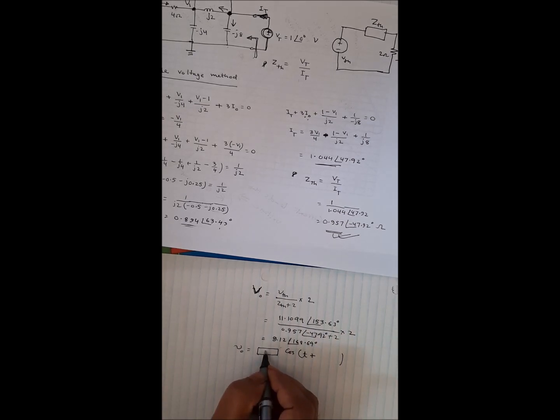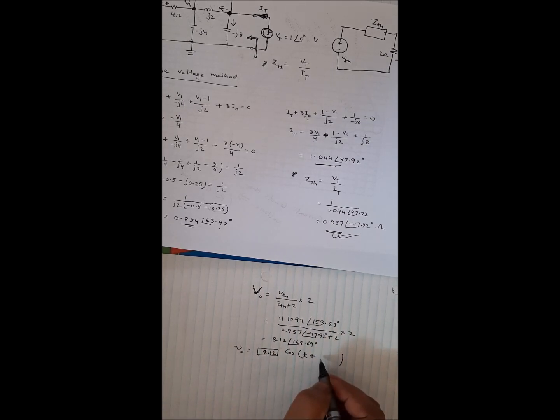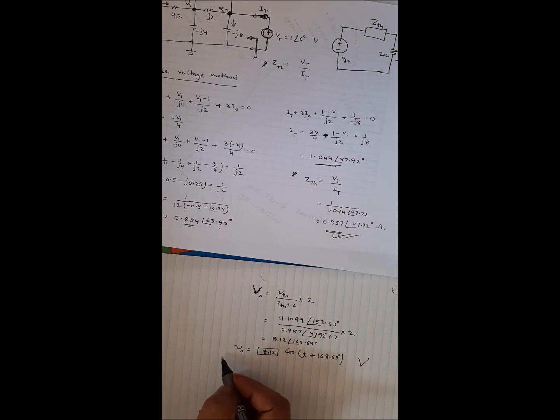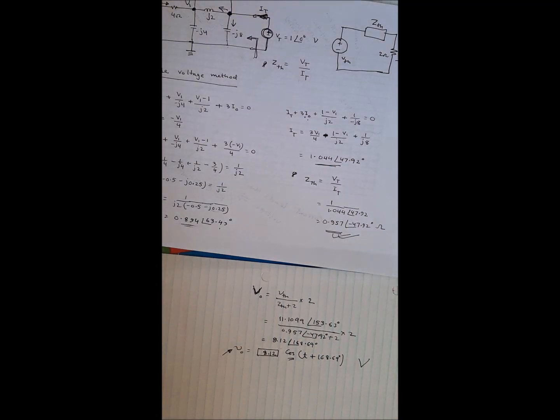So you can write 8.12 cosine omega t 168.69 degrees, this volt. So finally they are looking for the time varying voltage. So I need to write the voltage expression in terms of cosine or sine function. So the source given is cosine, so I keep cosine function. So cosine t, and the angle is 168.69.